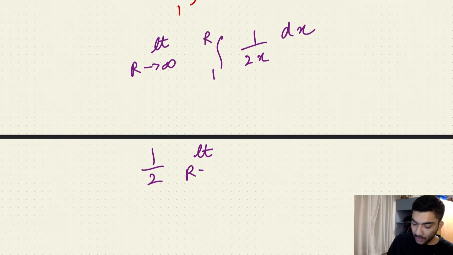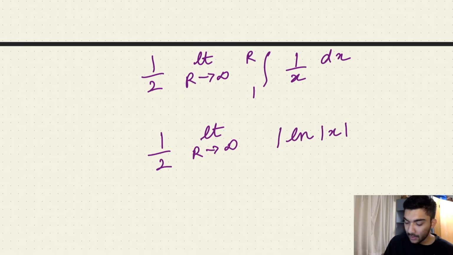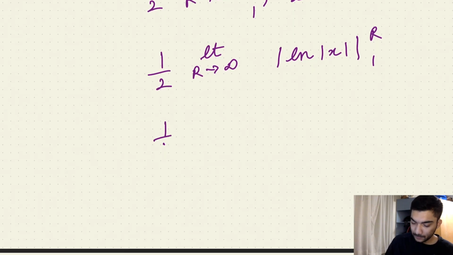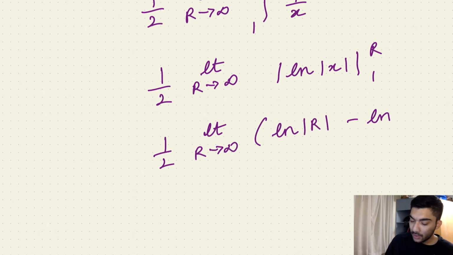It would be 1 by 2 times the limit as capital R approaches infinity of the integral from 1 to R of 1 by x dx, and then you know that the integral would basically be ln x with the endpoints 1 and R, and then substituting the endpoints into the integral, you'll get ln mod R minus ln 1 in this case.